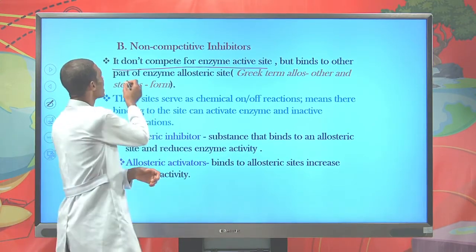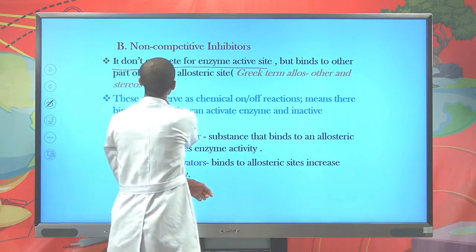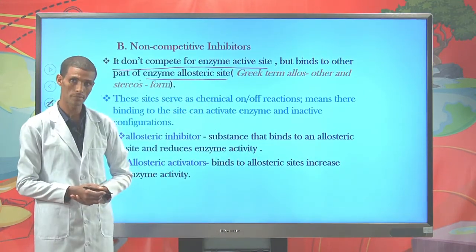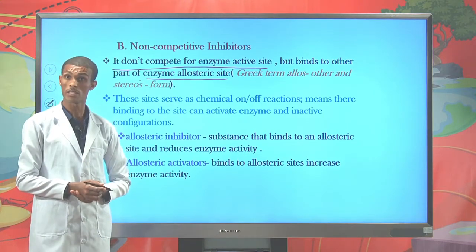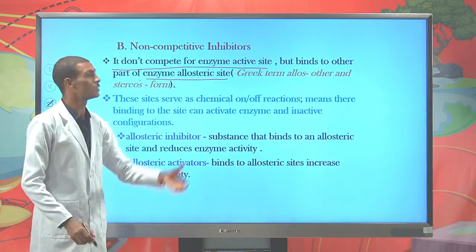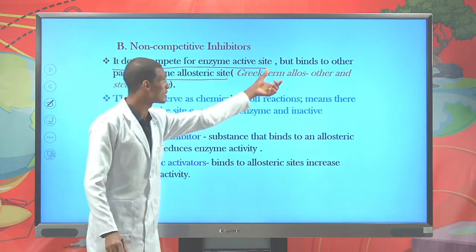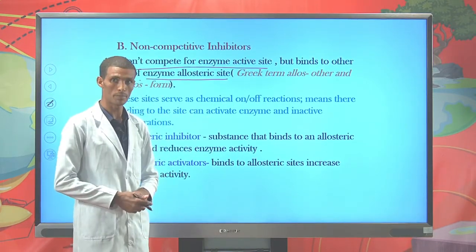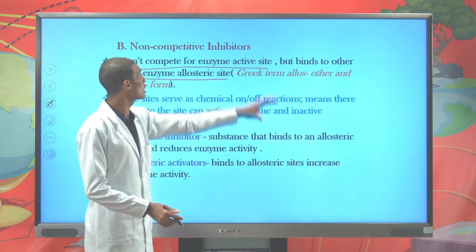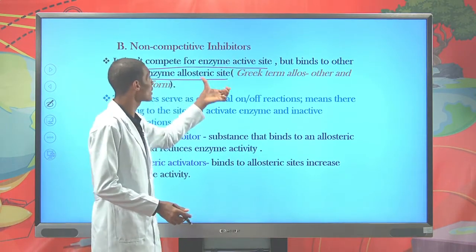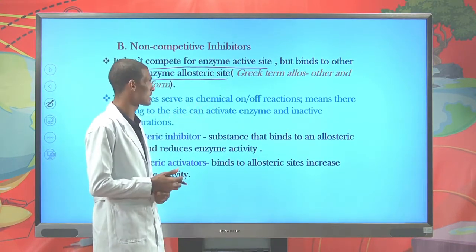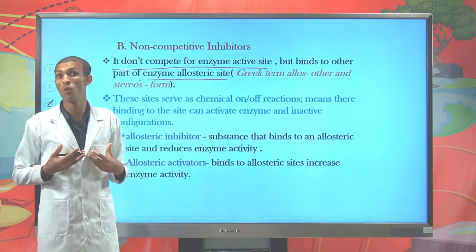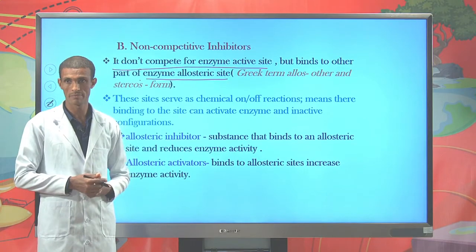But it binds to another part of an enzyme that contains the active site, which we call the allosteric site. The word allosteric comes from a Greek term, allos meaning other, stereos meaning form or shape. Binding to this other site of the enzyme, which we call the allosteric site, may turn the rate of the reaction on or off.